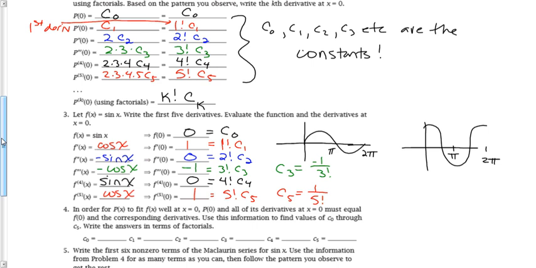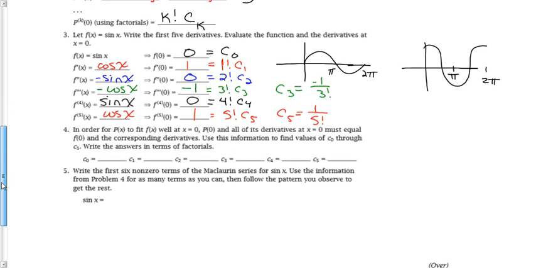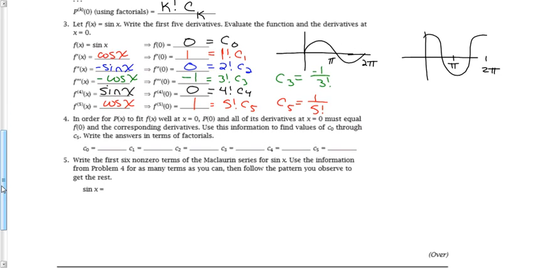And now with that knowledge, we should be able to write the P of x that's going to fit sine of x. So down here, we can write down all of our constants. C naught was 0, C1 is 1, C2 is 0, C3 is 1 over 3 factorial, C4 is 0, and C5 is 1 over 5 factorial.